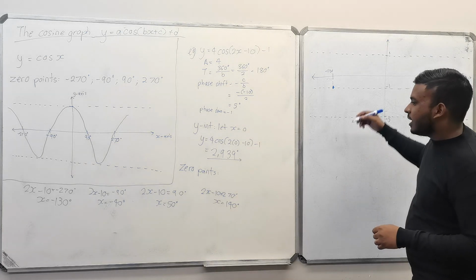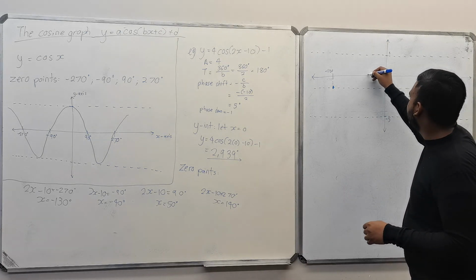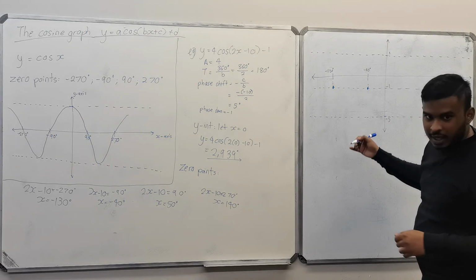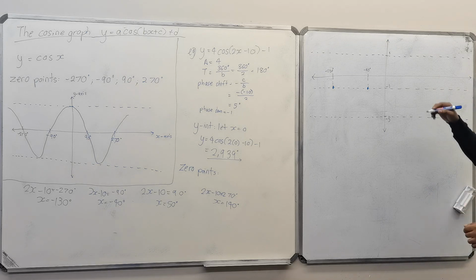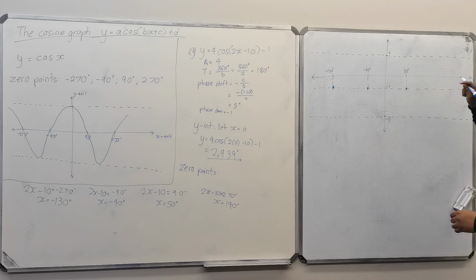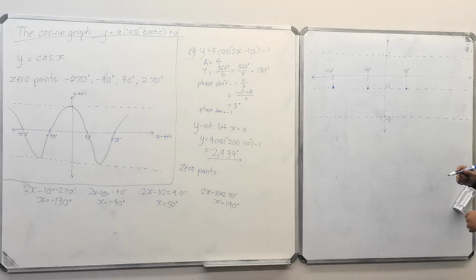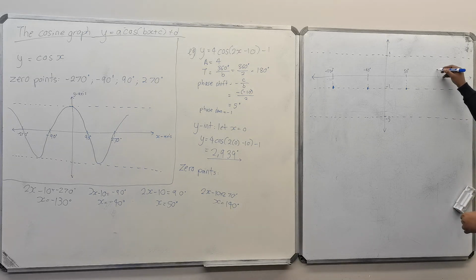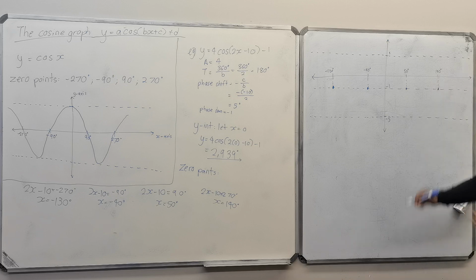Next, another negative 0 point, so another 0 point is there. Next 0 point is 50 degrees, another 0 point is there. And the next 0 point is another one there.